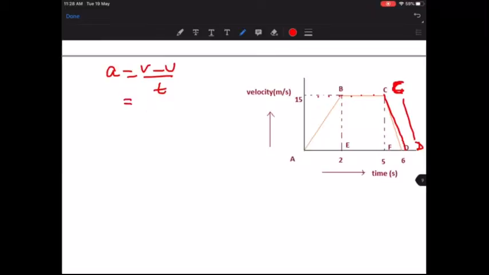Just a second. So final velocity is going to be 0. Initial velocity is going to be 15. What is the time? Time is 1 second because he said in 1 second it wants to come to a halt. So, your acceleration will be 15 meters per second square.